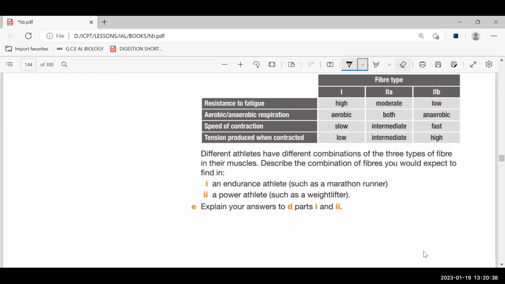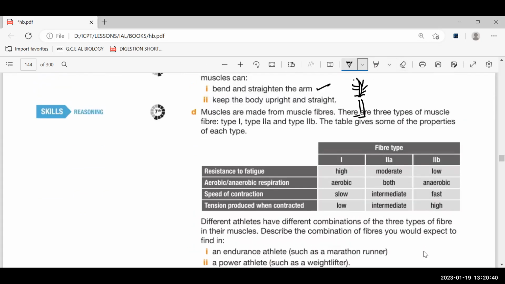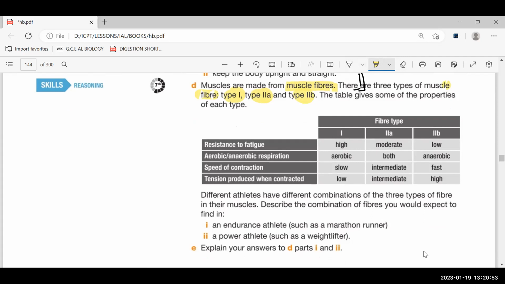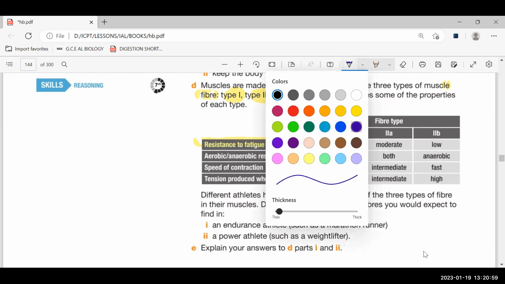Now the last part of the question. Muscles are made from muscle fibers. There are three types of muscle fiber, type 1, type 2A, type 2B. The table shows some of the properties. Resistant to fatigue. Now what is the meaning of resistant to fatigue?